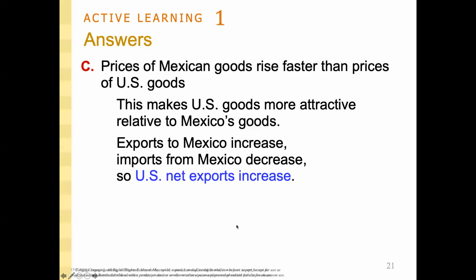So exports to Mexico increase, imports from Mexico decrease, because why would we buy things that are more expensive? So the net exports increase.